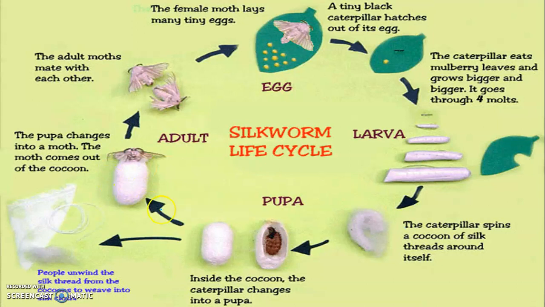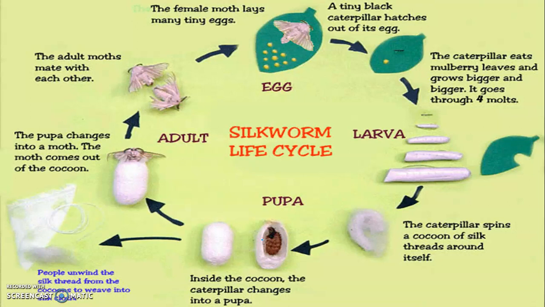Then some people unwind the silk thread from the cocoons to weave it into silk. So when the caterpillar has changed into a pupa, it's inside the cocoon.